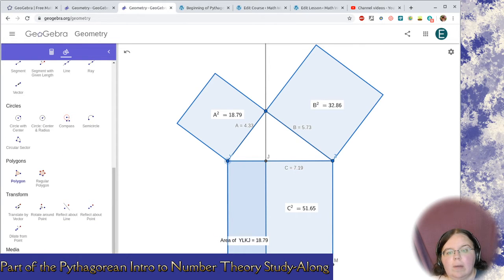So a polygon through that point, and a point somewhere on this line will have half the area of that rectangle. So that triangle will be what, 9.39 something inches.